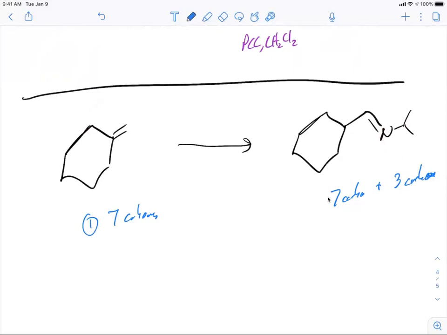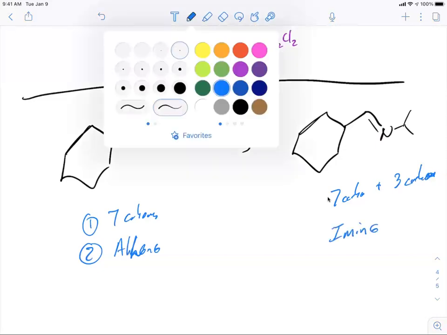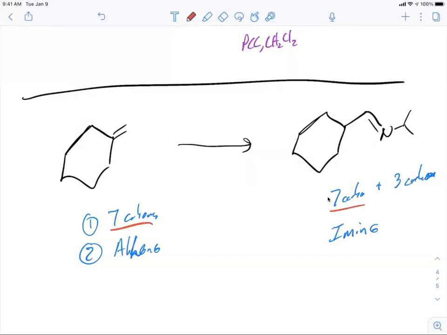In the second step, we need to be thinking about functional groups. And here we go from an alkene to an imine. So since we aren't changing our base carbons, really what we're dealing with here is just a functional group transformation. We're going to be turning an alkene into an imine, right?